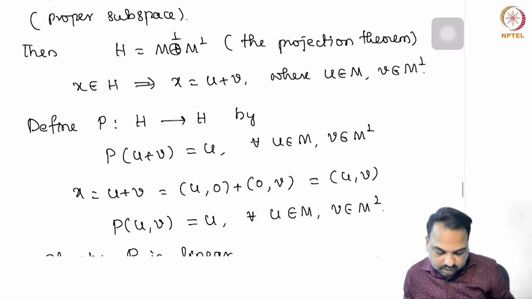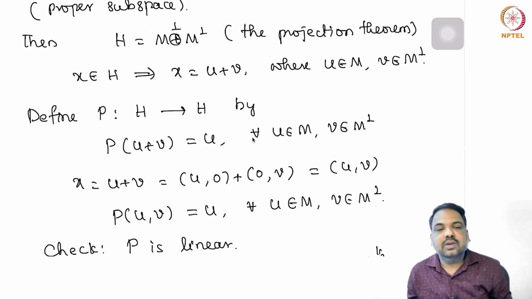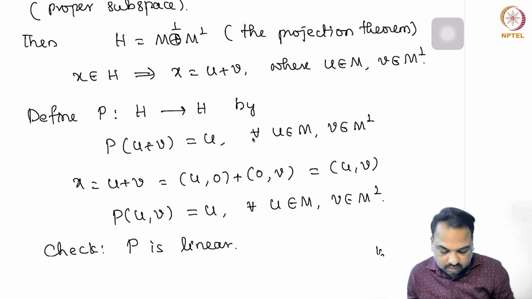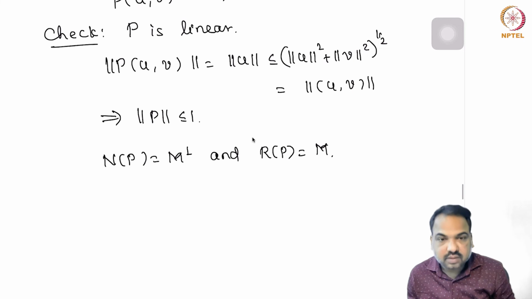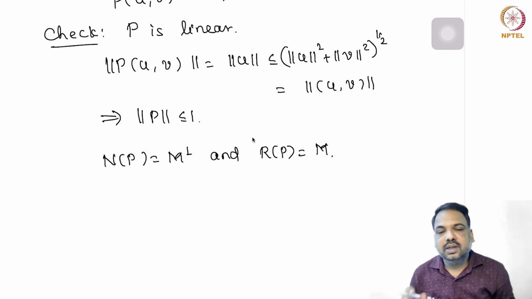So what we have obtained from this is that if M is any closed subspace of H, using the projection theorem, we have defined a map P like this, and we have got that null space of P is exactly M perp and range of P is M. So given any closed subspace, we can associate a projection whose range is exactly that closed subspace.